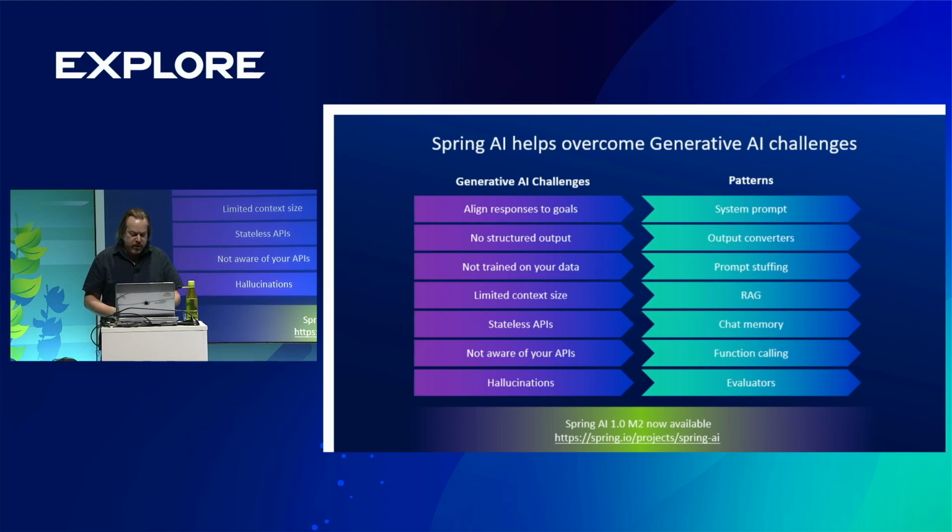We're not going to go through all of them in the demos, but I'll highlight 2 more. One is called limited context size. This is probably one of the most important things to be aware of. Context size, let's just call it the amount of words you can send. You can send it 100,000 words, no more. So what do you do if your document is bigger than 100,000 words?